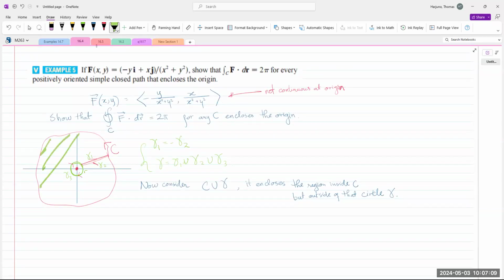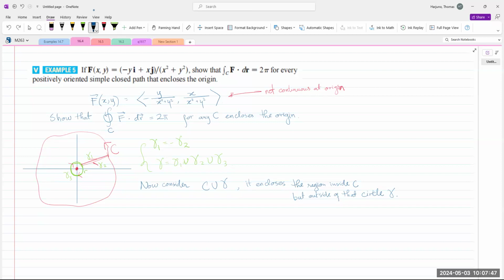The region is basically this region here, the region that does not include that circle but inside C. Notice that the region inside that closed curve C but outside of that gamma is actually a region in which the function is continuous, right? In other words, we can apply Green's theorem there.